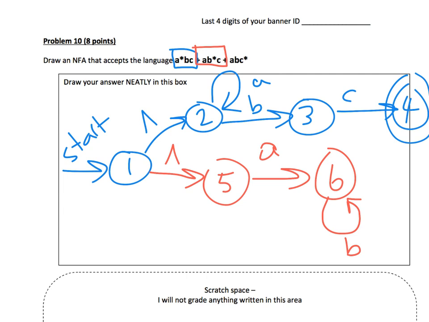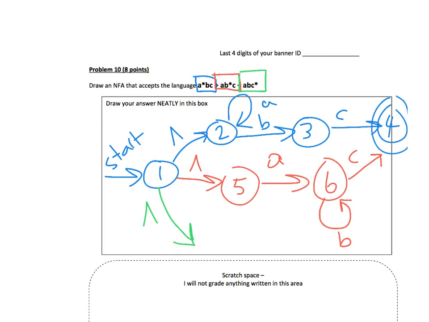And then why don't we send it back to 4 on the C. Or I could have made another state 7 if I wanted and just have that be an accept state. And for this last part, A, B, C star, well, there's going to be a loop on the accept state at the end, right? I could do it with a lambda transition too, but let's just do it the way it feels best.